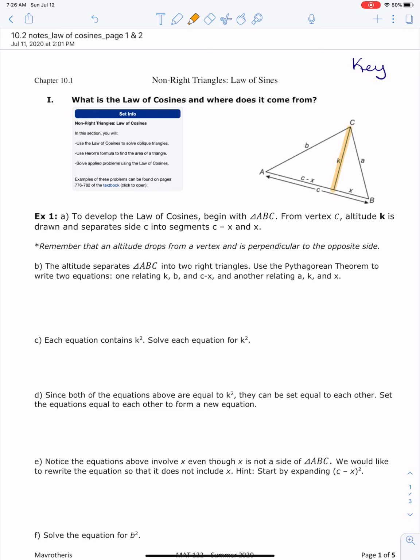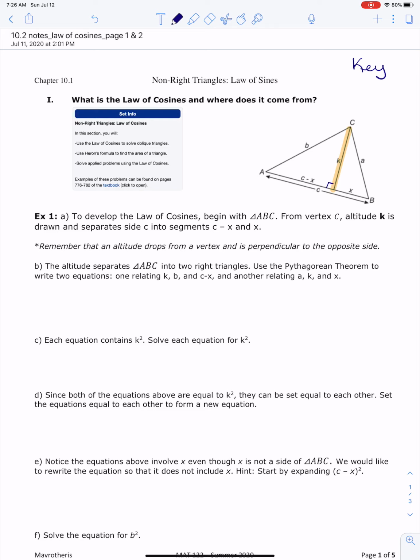Notice this time when we split this into two right triangles, we are also looking at how that side C is divided.